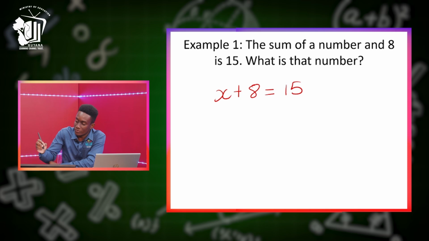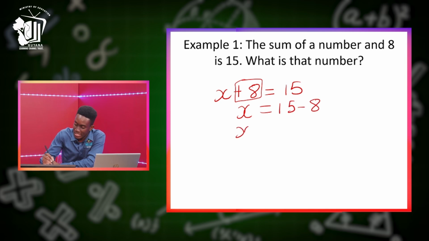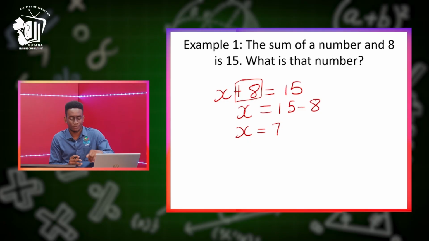To solve for x, x is equal to, so this 8 is adding, so when you take it over, it will subtract. So you'll have 15 subtract 8. Hence x is equal to 15 subtract 8, which gives me 7. So what is the number? The number is 7. The sum of 7 and 8 is 15, and that makes sense. 8 plus 7 is 15.